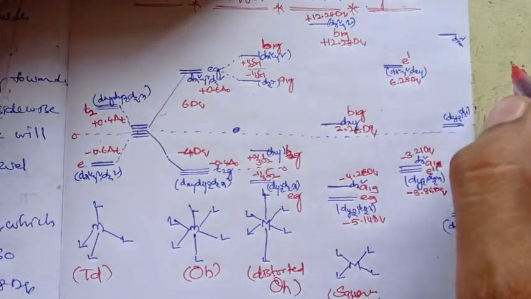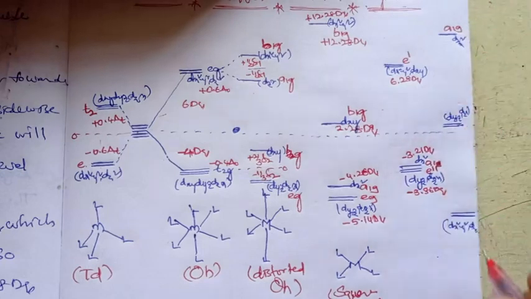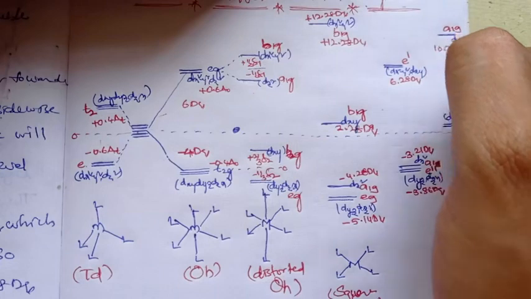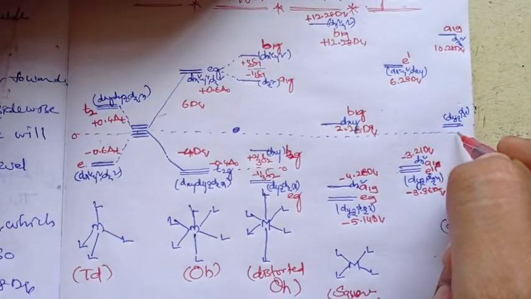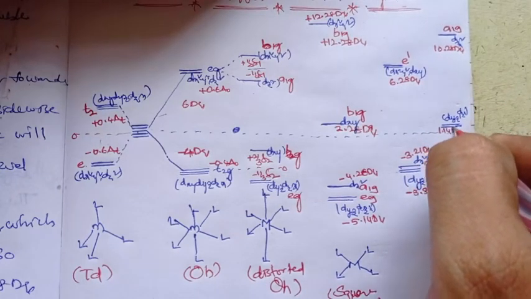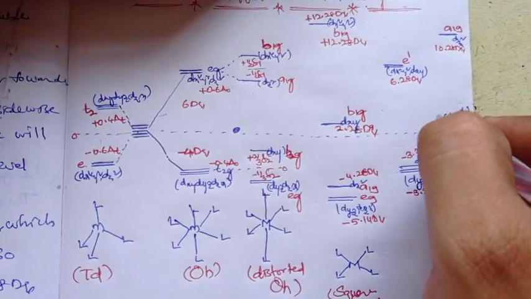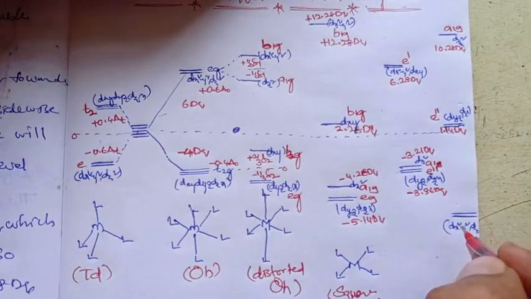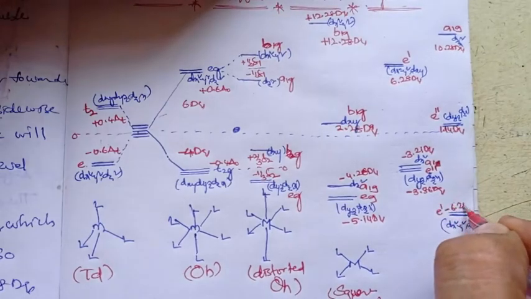For the energy state representation, the dz square orbital is represented with A1g, and its energy is 10.28 dq. The second highest energy level has the energy of 1.14 dq and is represented with E double bar, and the lowest energy state is represented with E bar, and its energy is minus 6.28 dq.